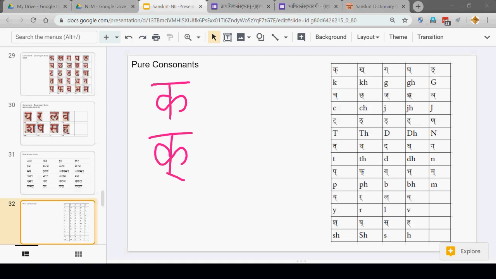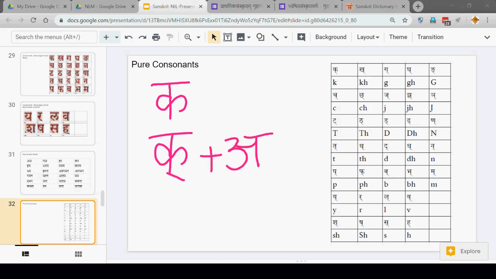So what I am trying to say here is, when there is a sound ka, or when I say ka sound, it has two parts. One is the pure consonant, the sound of ka, and there is a sound of a.